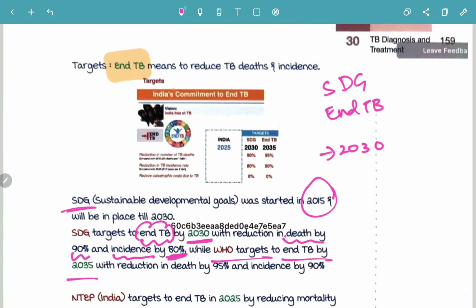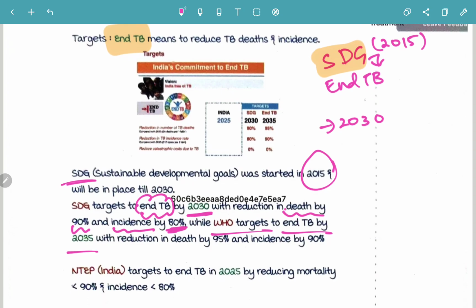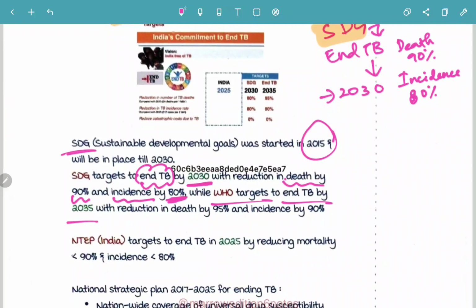This is the End TB strategy given by the Sustainable Development Goals. Deaths should be reduced by 90% and the incidence of TB should be reduced by 80%. This must be attained by the year 2030.